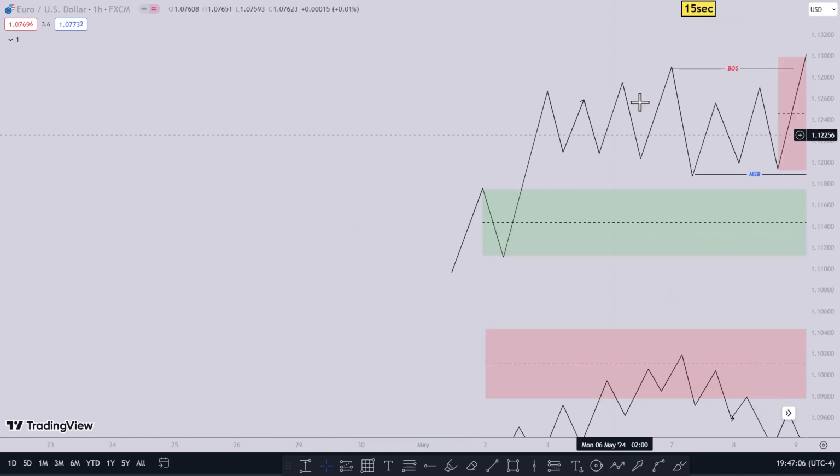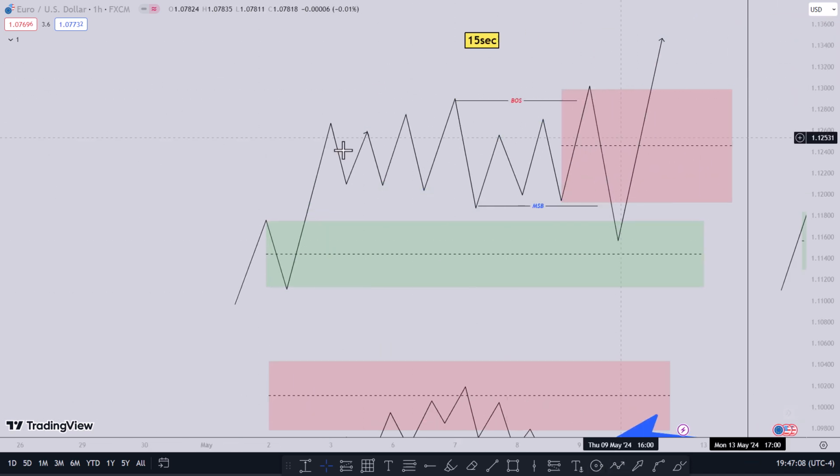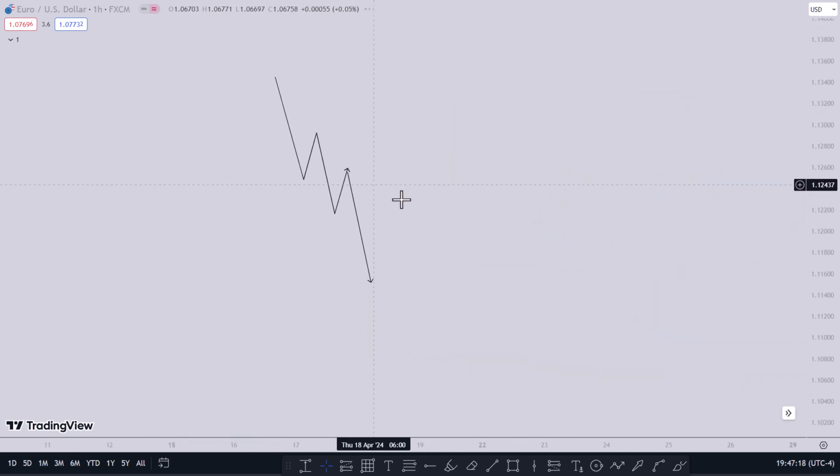We are using this one to get the best possible entry. We need this liquidity to happen above the unmitigated zone. This is important.